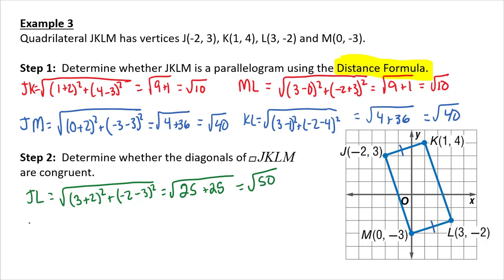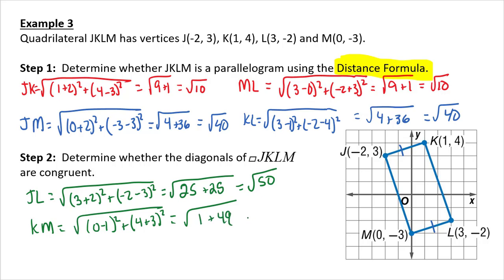And then we need to find the length of the other diagonal, 0 minus 1 squared plus 4 minus negative 3 squared. Well, that's the square root of 1 plus 49. So there we go. The diagonals are congruent. So this is a rectangle.